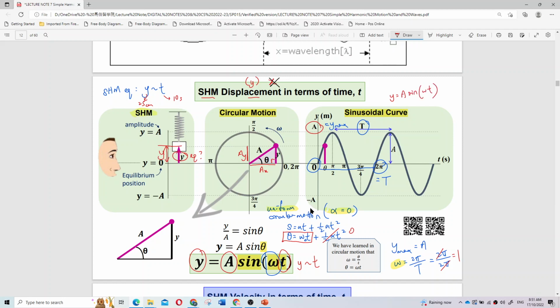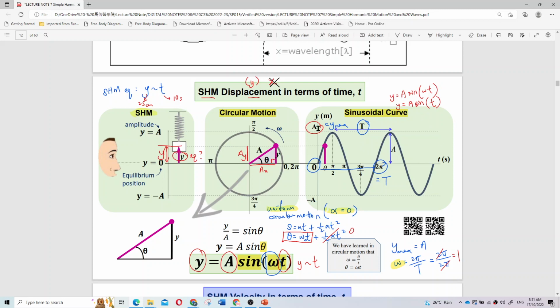That's the equation of the graph. And we know omega is equal to 1, so we can write it as y equal to a sine t, because omega equals 1. That's the equation for this graph.